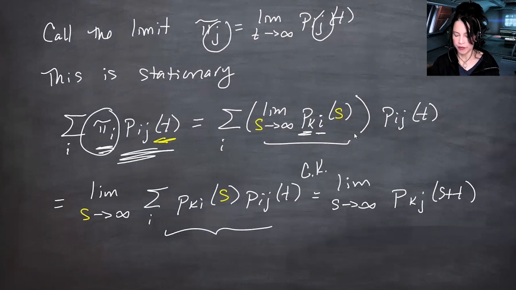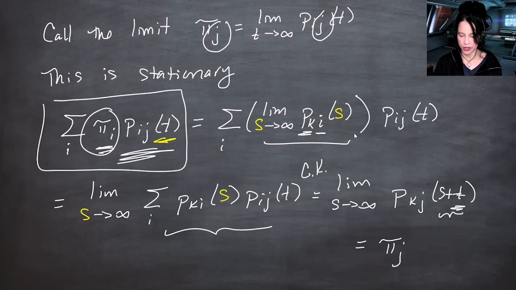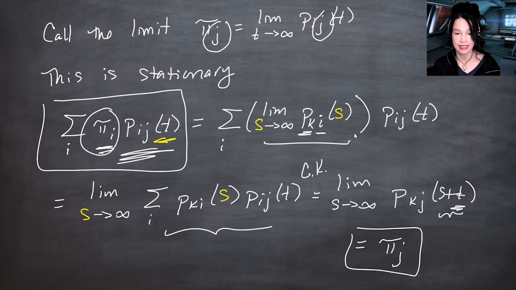So s is going to infinity, and it doesn't matter that we already started at time t. This whole argument is just going off to infinity. The t is kind of irrelevant here, and this is how we defined pi_j. So we have it. I started with the right-hand side of the stationary equation and got the left-hand side from the limit, which is pretty darn cool if you ask me.